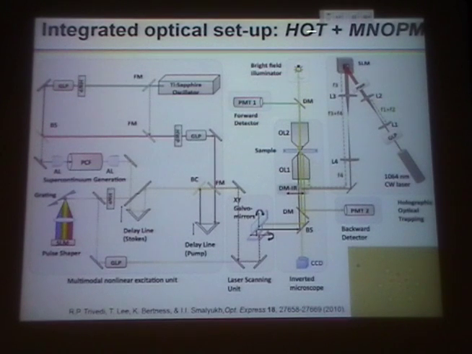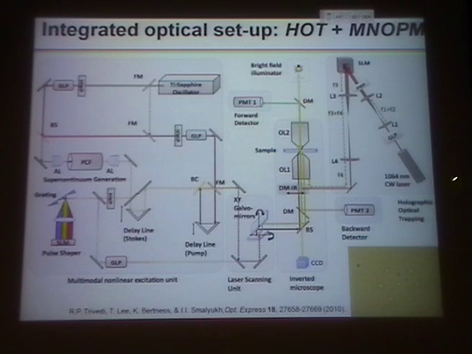Now, the nonlinear optical imaging techniques that we discussed, shown here in a simplified version on the left side of the schematic, can be integrated with holographic optical tweezers. Then those techniques can be used at the same time. So one can manipulate colloidal particles as well as image the liquid crystal samples in which they would be incorporated.